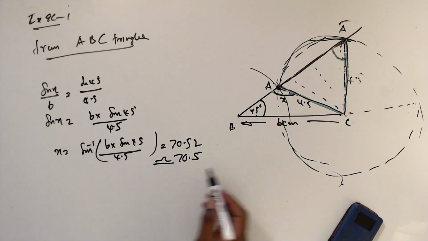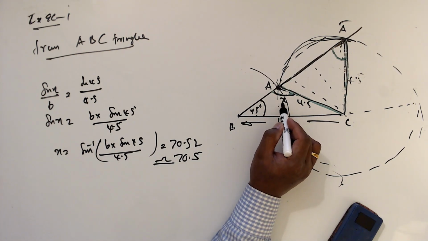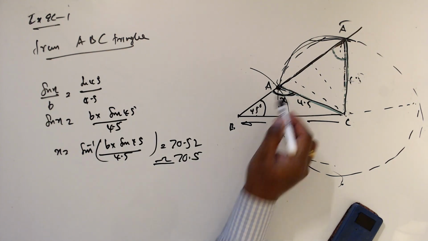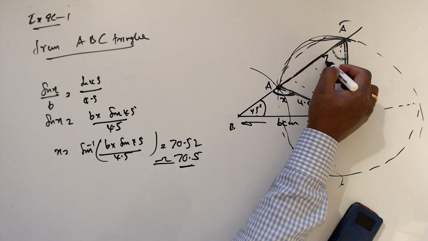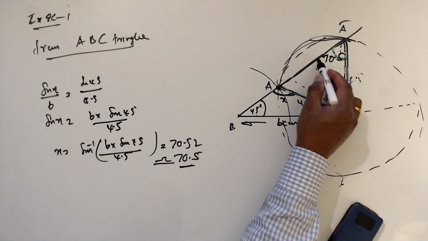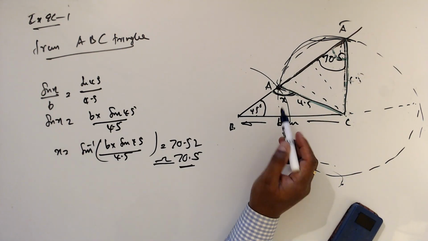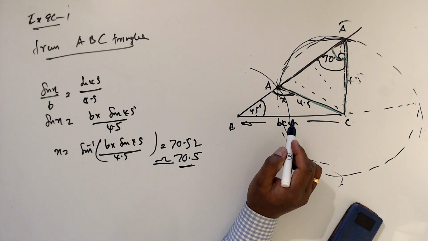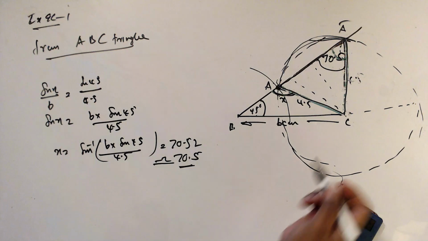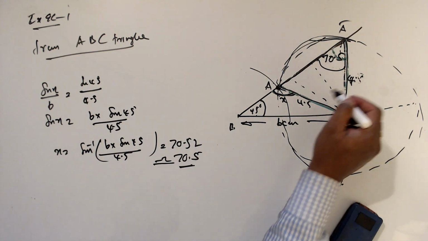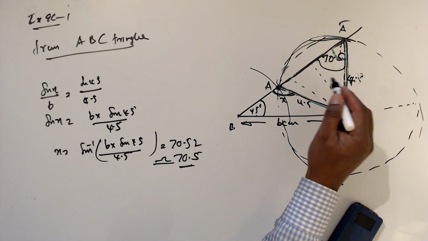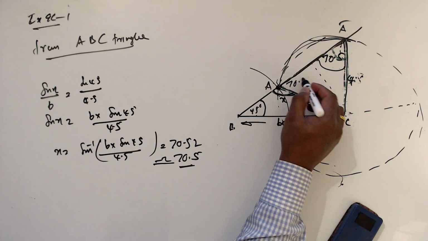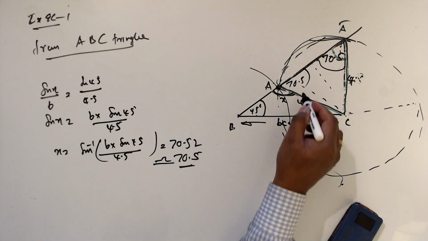So then this X is the one we found out, this one, because you can see this is an acute angle. Then you found out this one, 70.5. Now you want to find out this one. Now you can see this is 4.5, this is 4.5. From this triangle, this is an isosceles triangle. Because of that, this is also going to be 70.5.